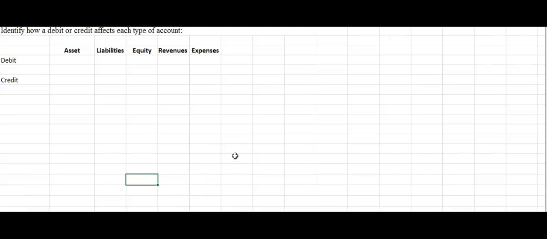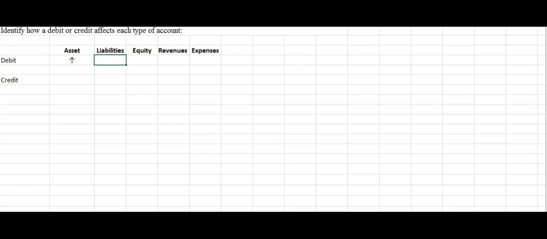This is not a problem, but it's something I want to stress that you need to learn. You have to learn this if you want to do a basic simple accounting entry, okay? What goes up with what? Okay, assets go up with debits, so I'll put an arrow there.